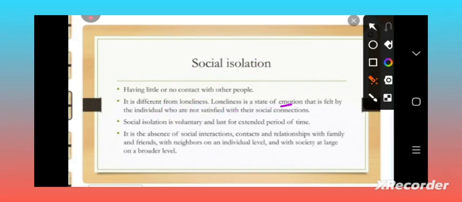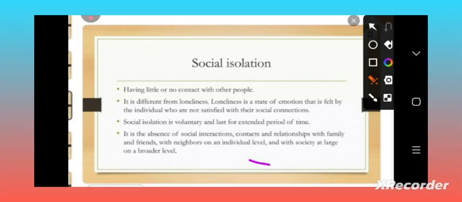Loneliness is a state of emotion felt by an individual who is not satisfied with their social connections. Isolation lasts for an extended period of time. It is the absence of social interaction, contacts, or relationships with family and friends, with neighbors on an individual level, and with society at large on a broader level.